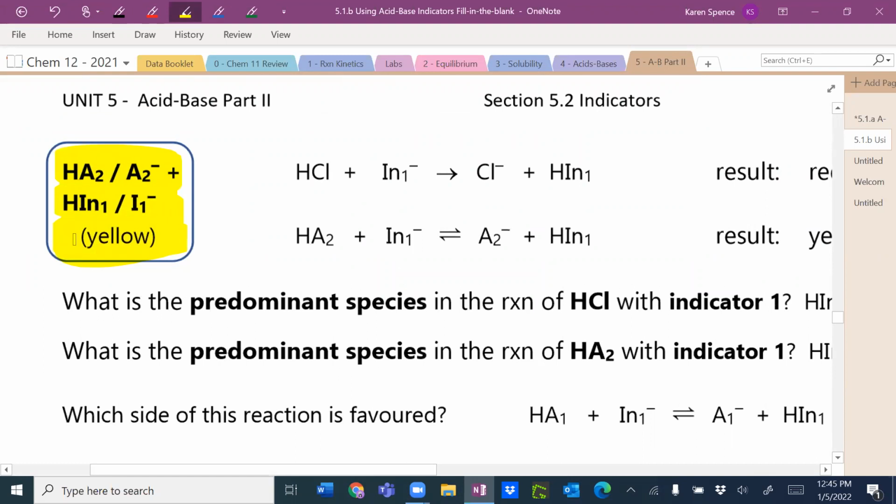So tell me, who turned the indicator yellow, HCl or NaOH? This was the same color as the NaOH. And it's a different color than the HCl.